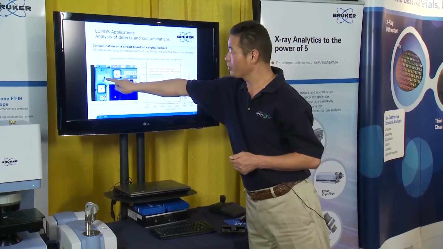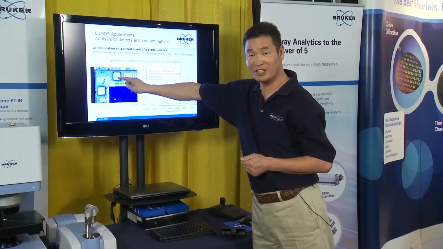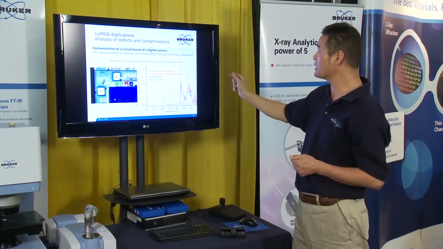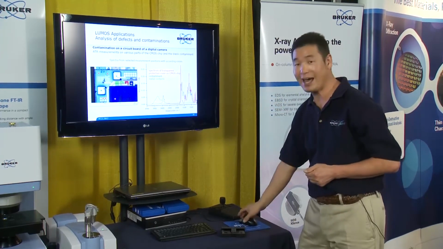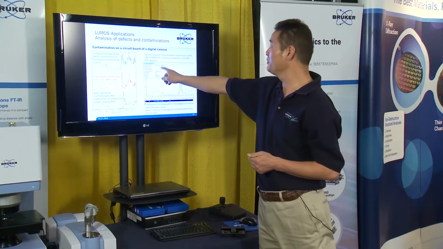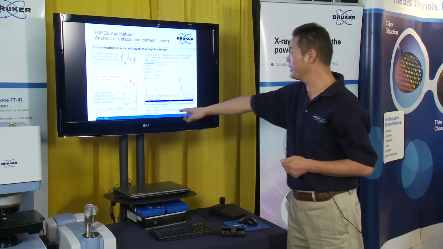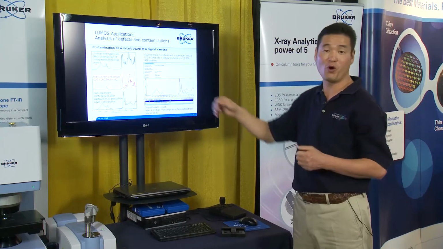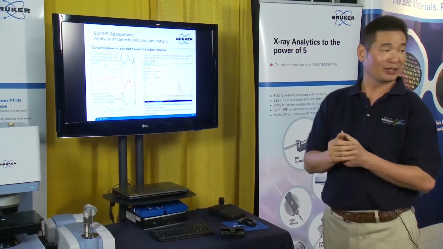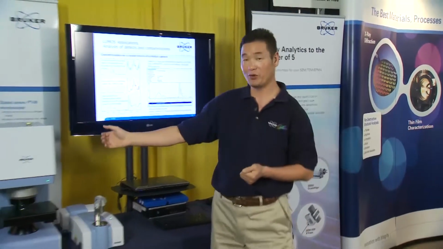The blue one over here is on the contamination, and that's the blue spectrum. It looks different, so there's something going on. By doing a library search, it has been identified that the blue spot contamination is a human hair or skin that fell into the process. This kind of example shows the power of the infrared microscope.